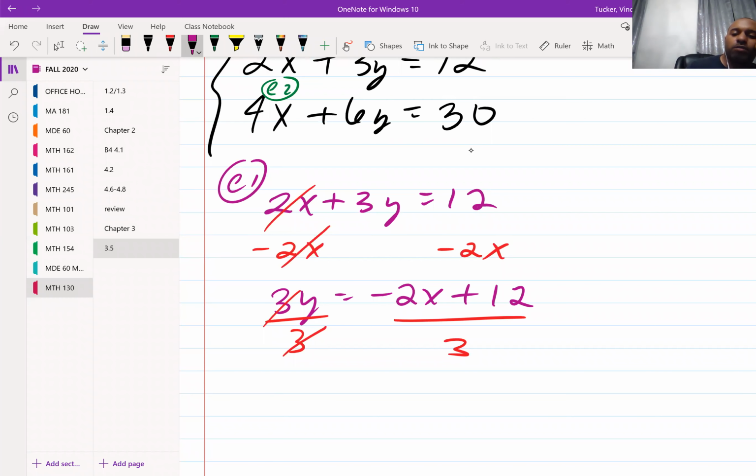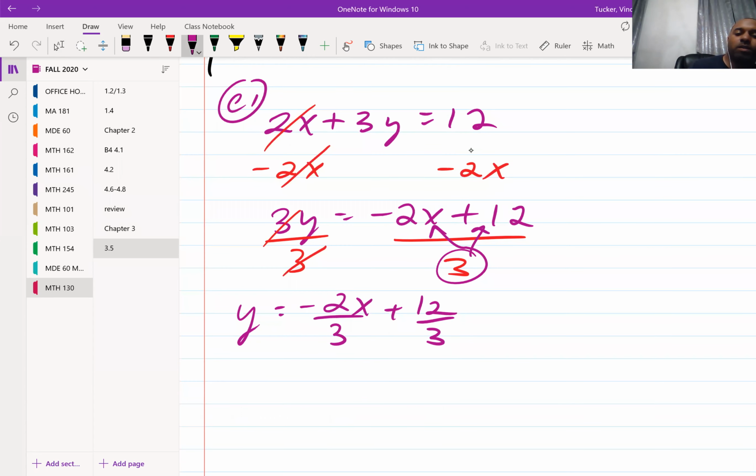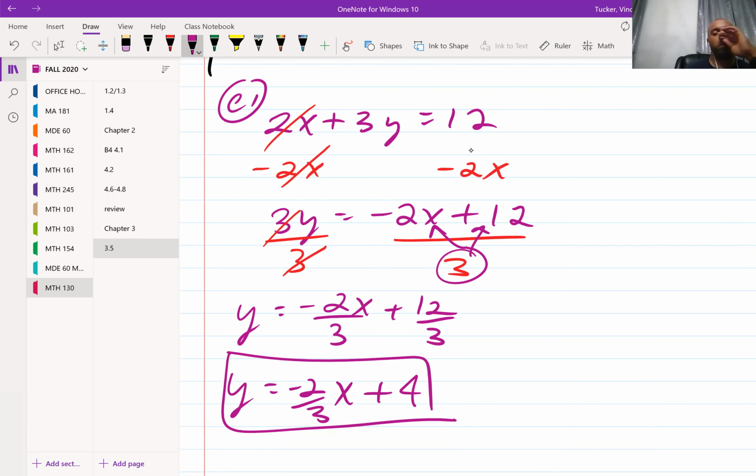And also don't forget this 3 has to go to both terms up here. So that's going to be negative 2x over 3 plus 12 over 3. So I have negative 2/3 x plus 4. That's my first equation.